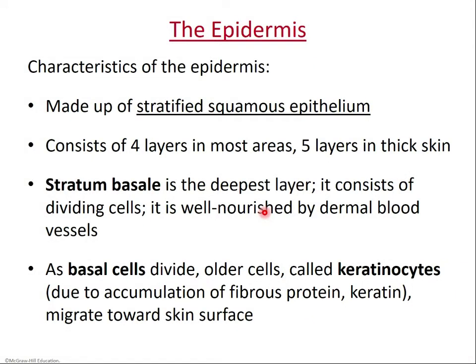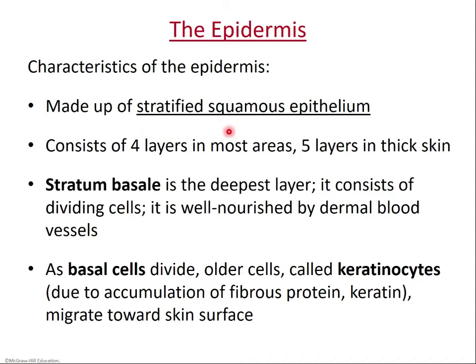All right, so let's focus on the epidermis, and we'll talk about the different layers we find in the epidermis. Most of the epidermis is made out of stratified squamous epithelial cells. These are epithelial cells. Squamous means they are flat cells. Stratified means there are multiple layers of these flat cells.